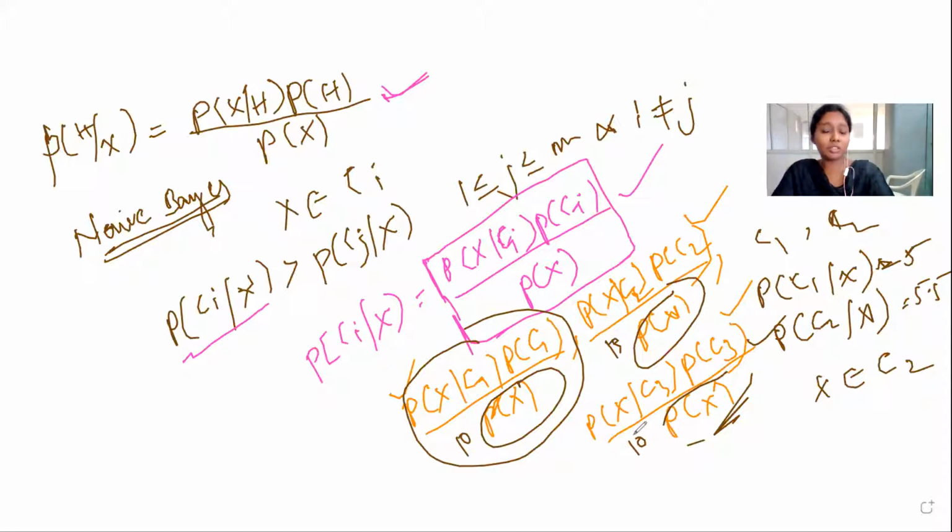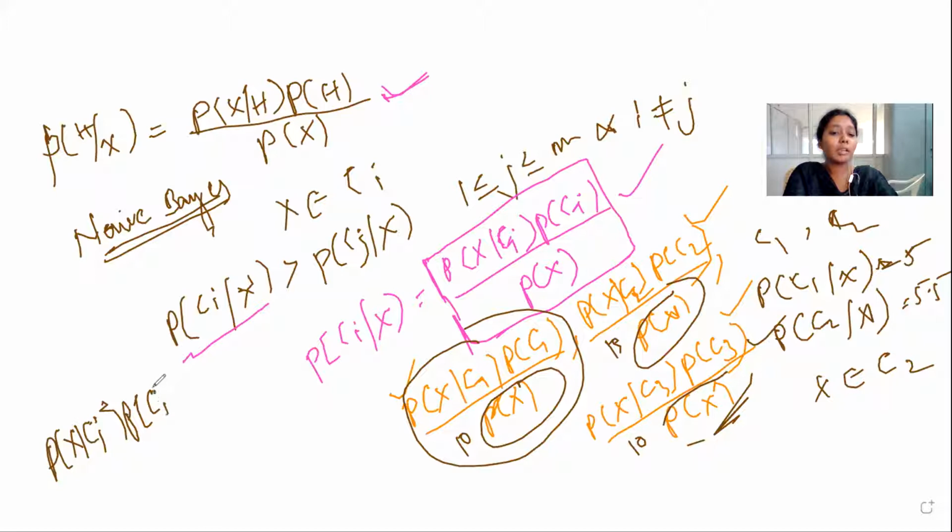So our goal is shifted. Now what's our goal? We need to calculate P of x by Ci, P of Ci for each and every class.